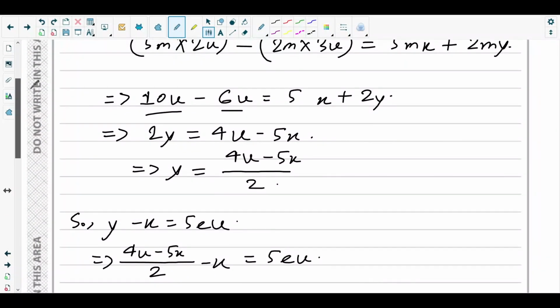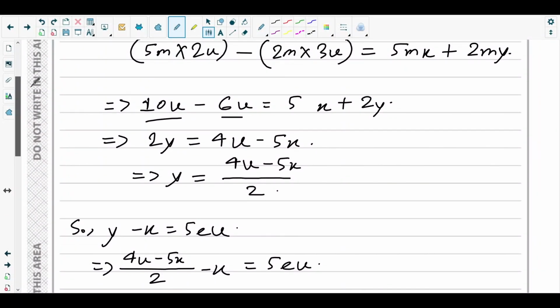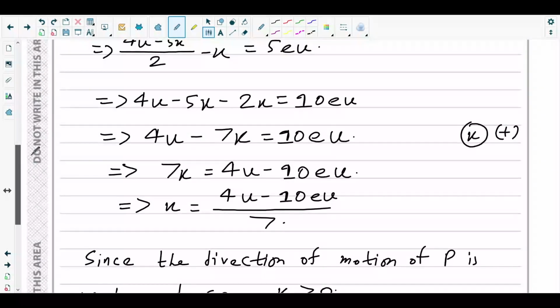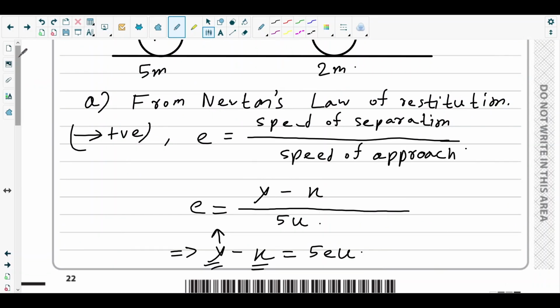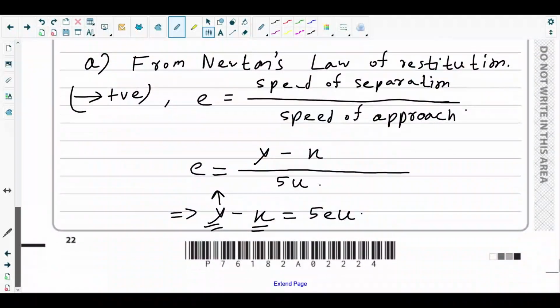Okay, to get the value for e, we can use this equation, the equation for the restitution.